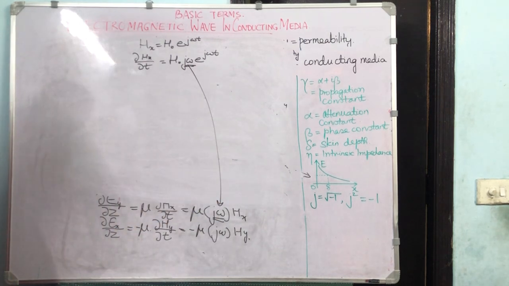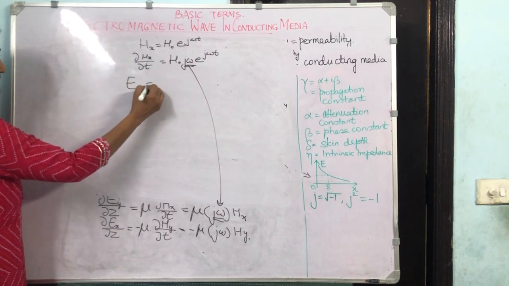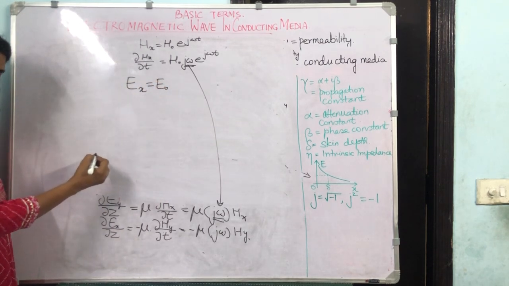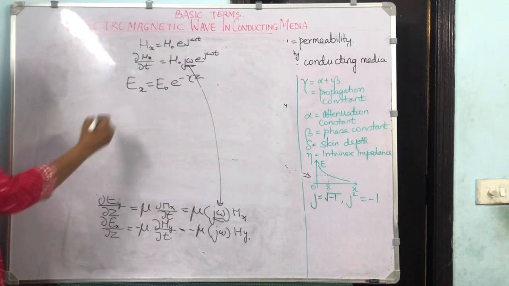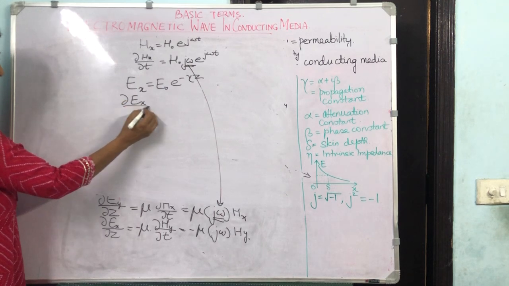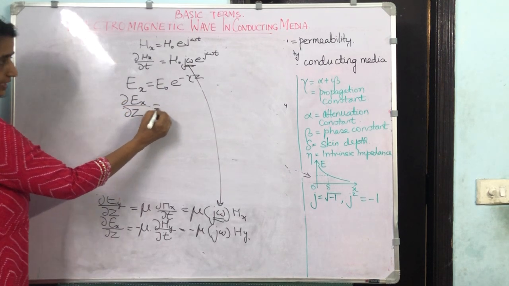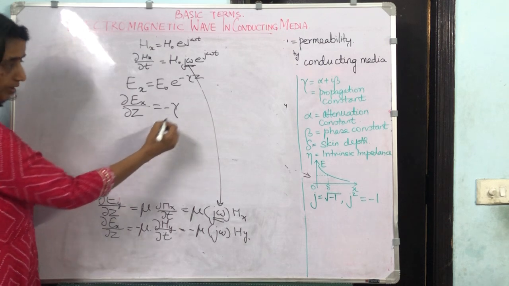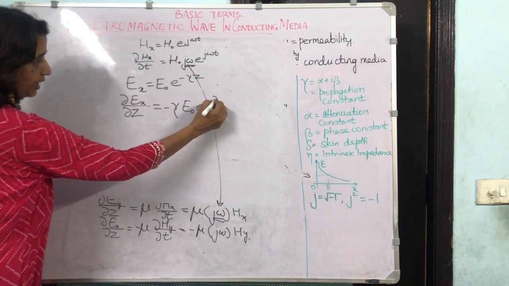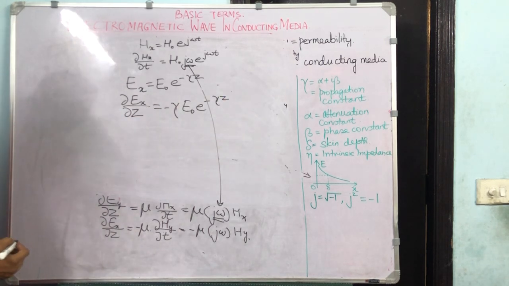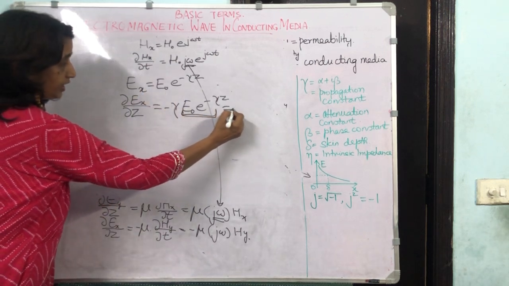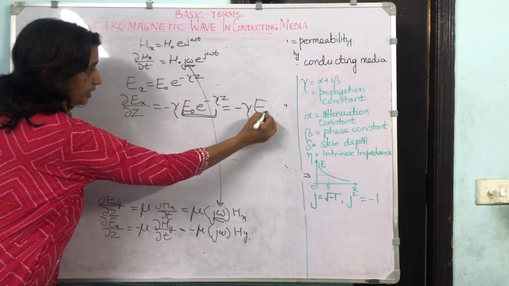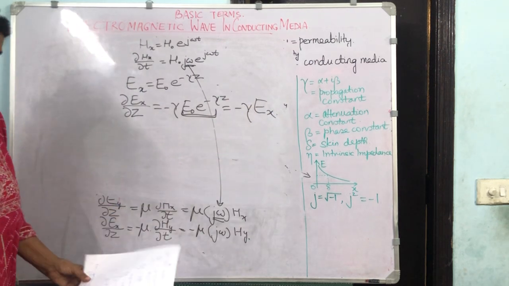Now we have got our two equations. For a uniform plane wave, EX is equal to E naught e to the power of minus gamma z, and del EX by del Z is equal to minus gamma E naught e to the power of minus gamma Z, and this value is our own original wave EX, so it is minus gamma EX.